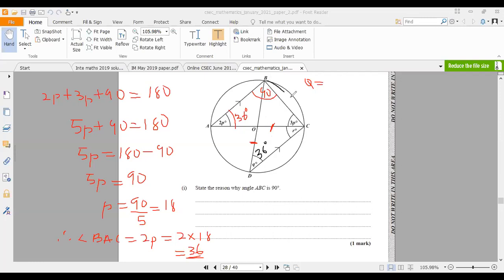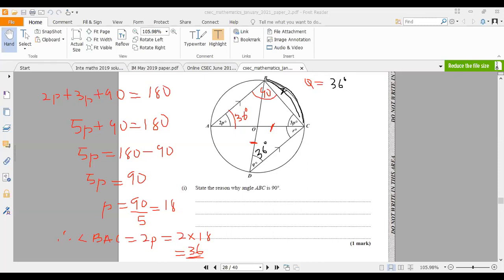They are sharing this arc from B to C. And this D is also showing the same B to C. So this angle is going for that arc BC, and the A is also going for the same arc BC. So the two angles have to be the same. So angle Q is equal to 36 degrees, right?